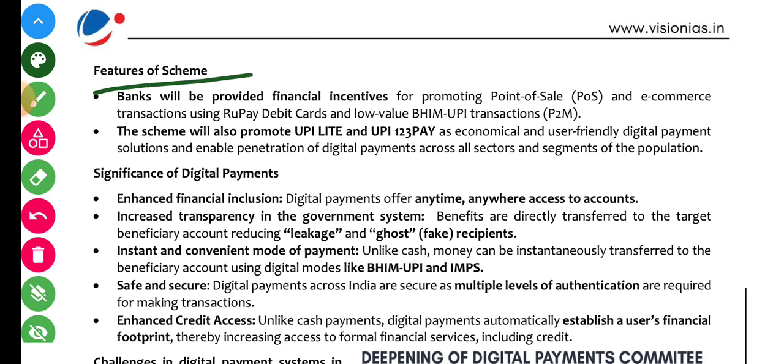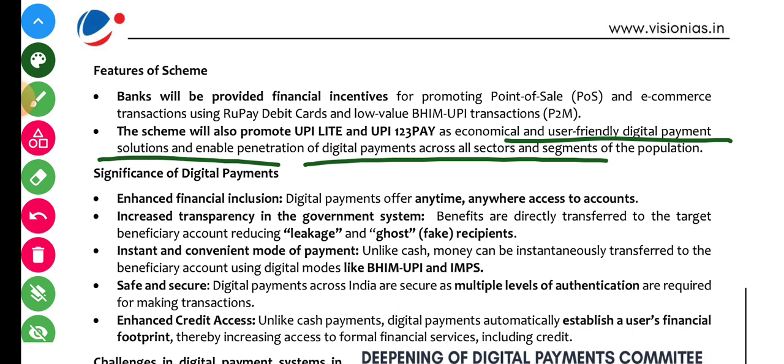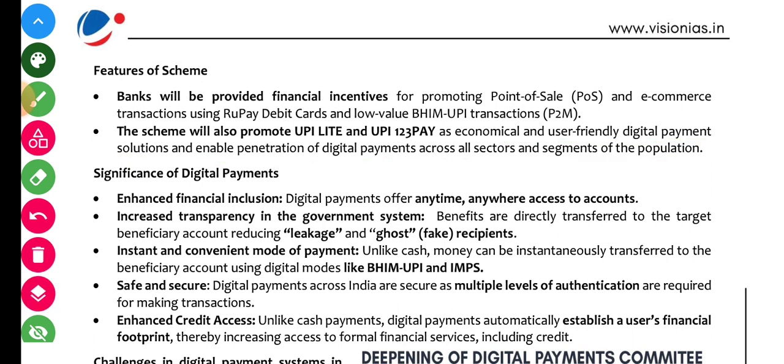Features of the scheme: banks will be provided financial incentives for promoting point of sale and e-commerce transactions using RuPay debit cards and low-value BHIM UPI transactions. The scheme will also promote UPI Lite and UPI 123 Pay as economical and user-friendly digital payment solutions and enable penetration of digital payments across all sectors and segments of the population. So keep this in mind.